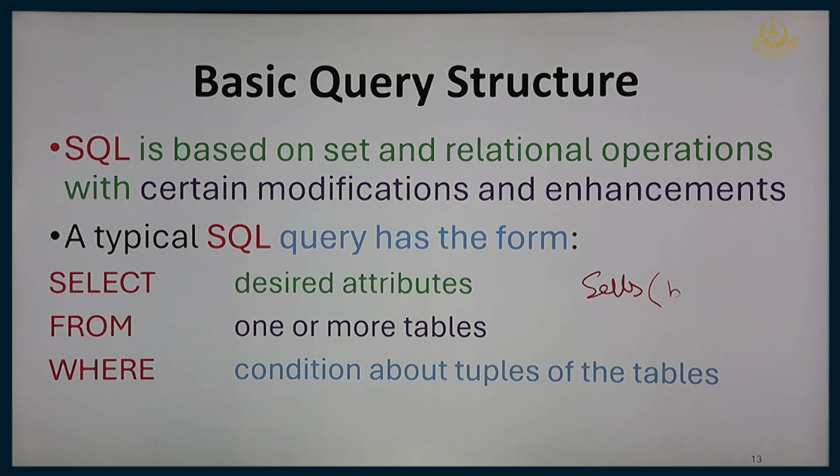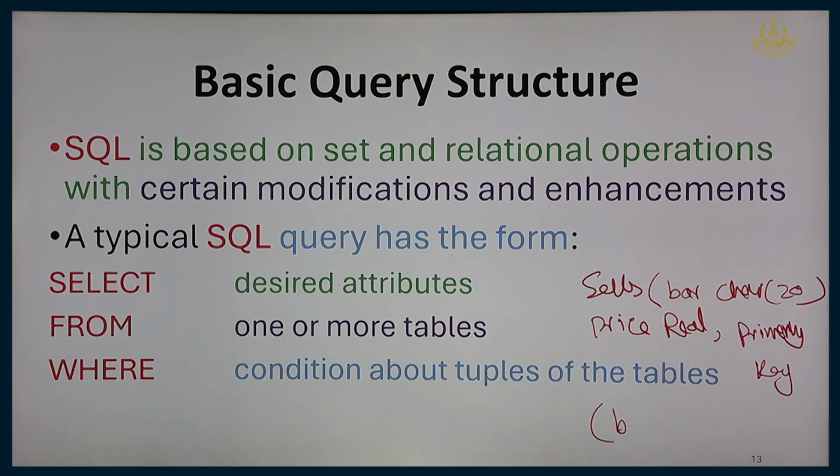Its attributes are bar, which is a character type, and price, which is a real type, and then we give the primary key keyword. After giving primary key in the bracket, we should mention the names of the columns, bar and price.